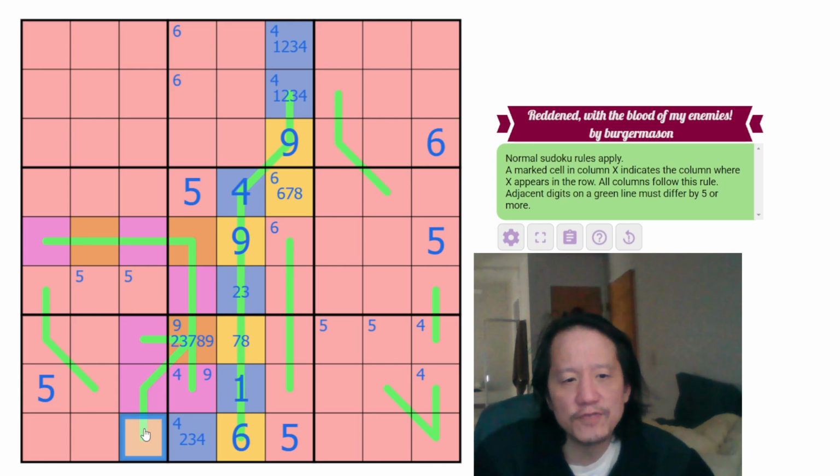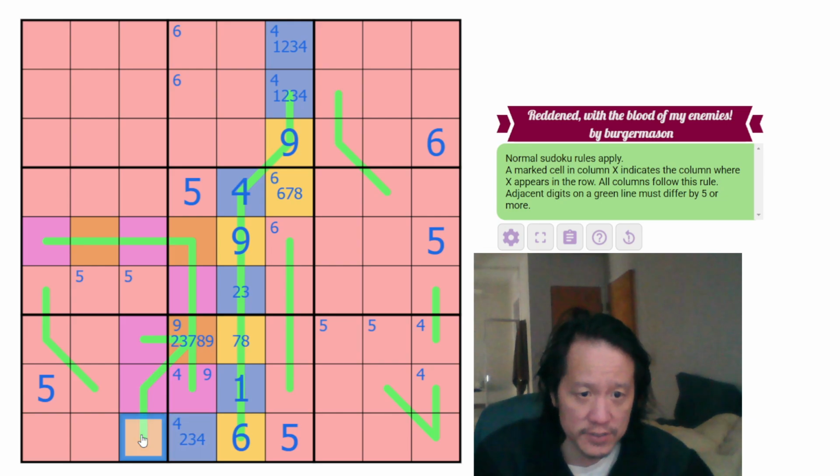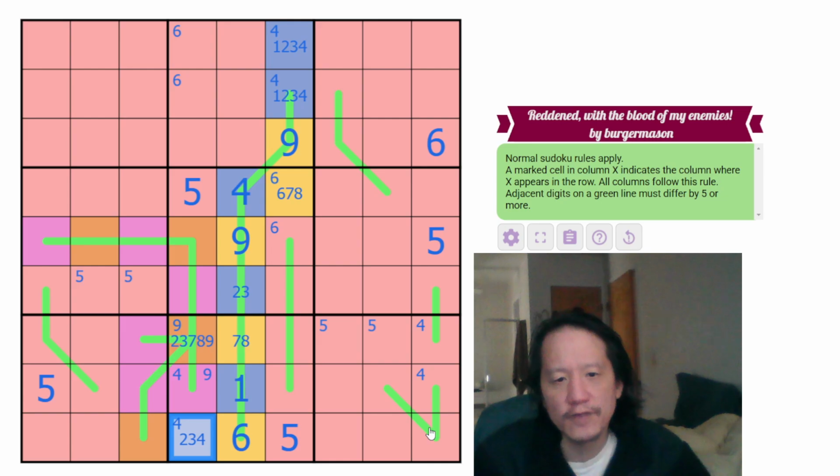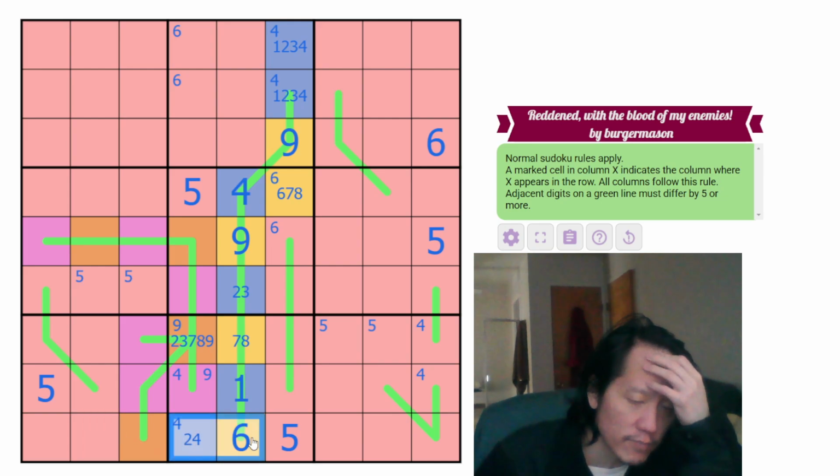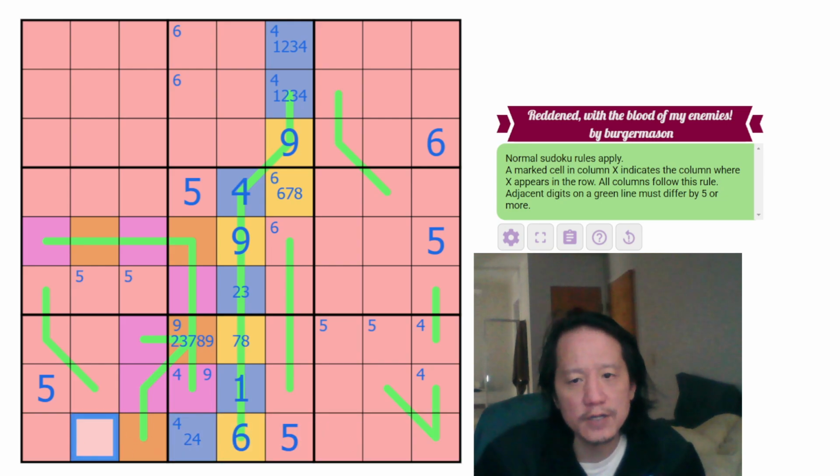But if this is 4, if this 3 makes this a 4, which makes that a 9, but then the 9 has to be next to a low. But then this would have to be a 4 also, because that's the only other place for 4. And that would be a contradiction in the German whisper rule set. So this can never be 3. It can be 2 or 4. So the 4 in row 9 is either in column 2 or it's in column 4.